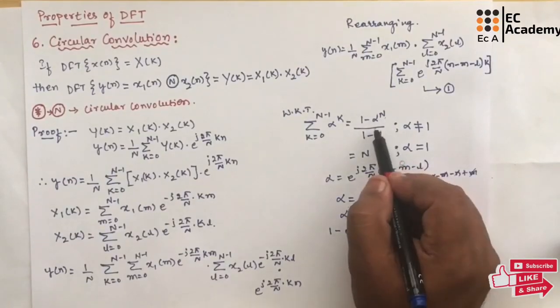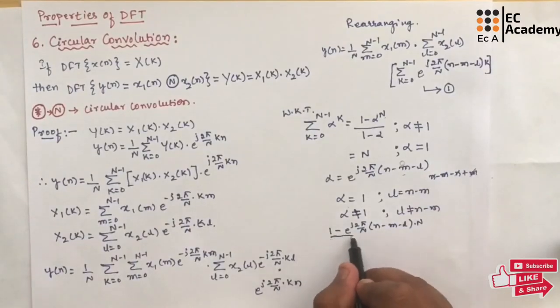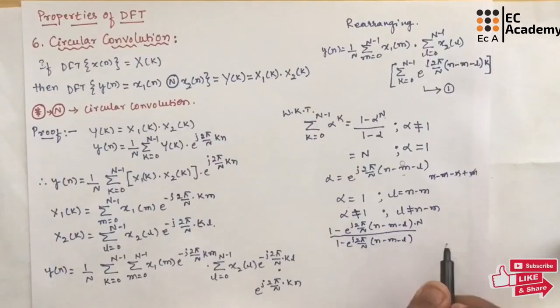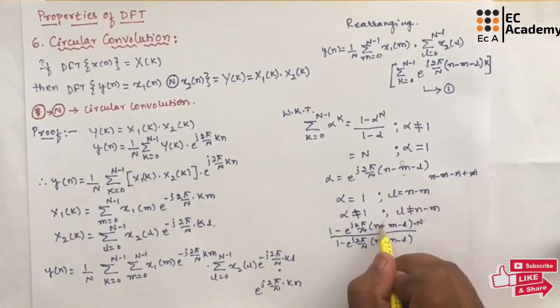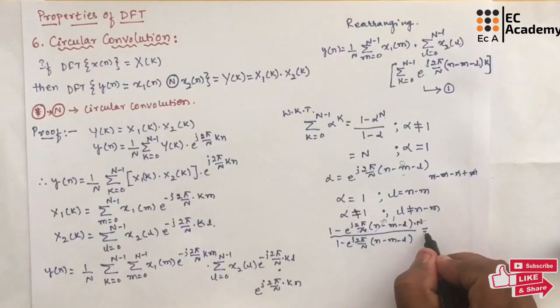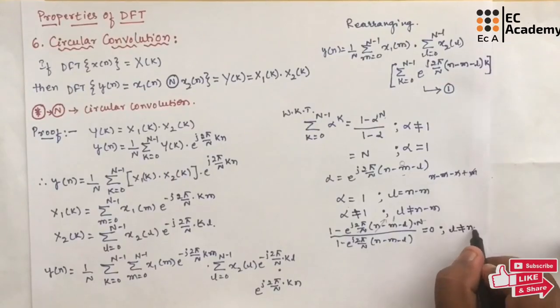If we take n inside the exponential term, we can write it divided by 1 minus e to the power of j 2 pi by n into n minus m minus L. If we cancel out n, the remaining term will be equal to 1. So 1 minus 1, it will be 0. 0 divided by any term, it will be 0. So this will be 0 for L value not equal to n minus m.